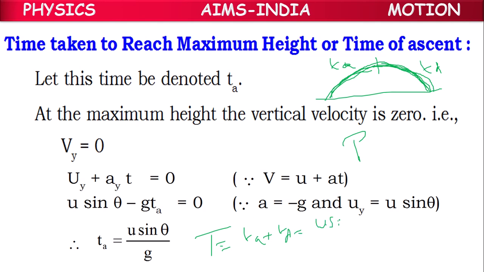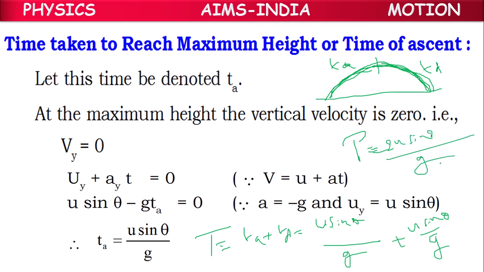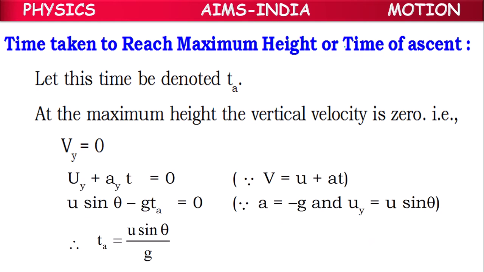Time of ascent is u sin theta by g, time of descent is also u sin theta by g. If we add both, time of flight equals 2u sin theta by g. So, children, now we have got equations for time of ascent, time of descent, and time of flight. Time of flight is a combination of time of ascent and time of descent.